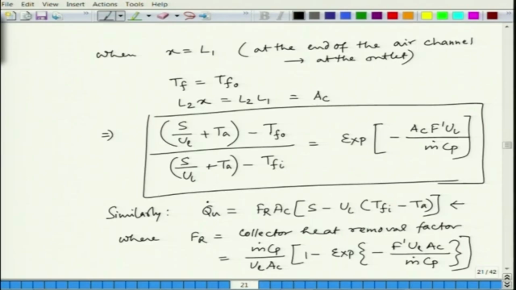Okay. Just drawing the parallel between the air heater and the conventional liquid flat plate collector, you can write all these things.